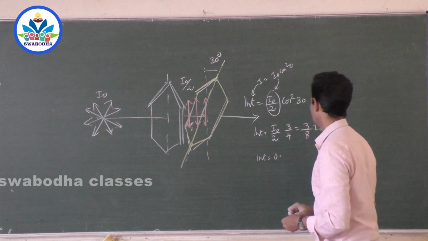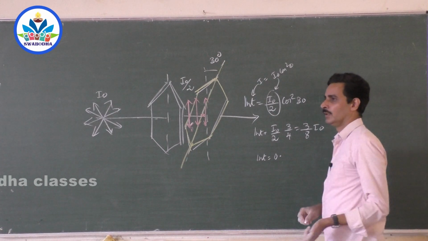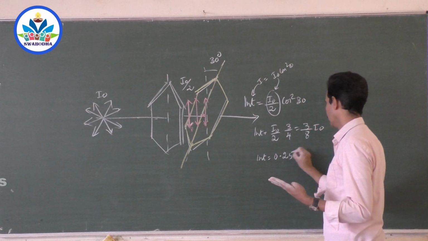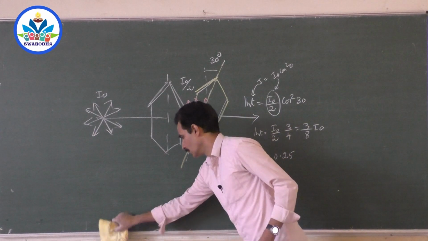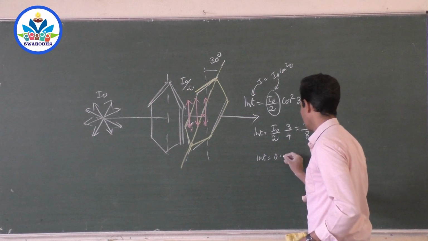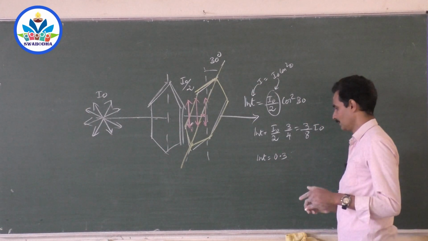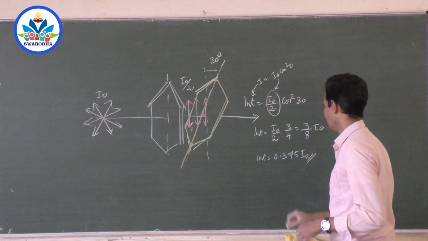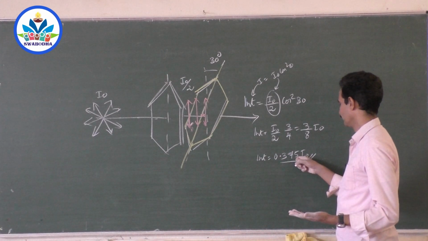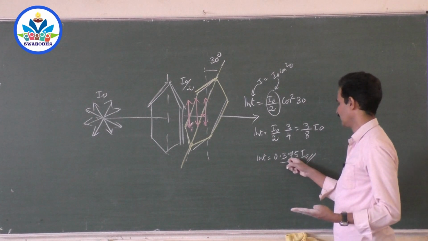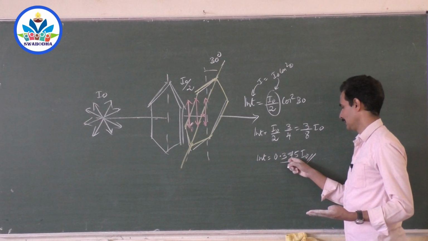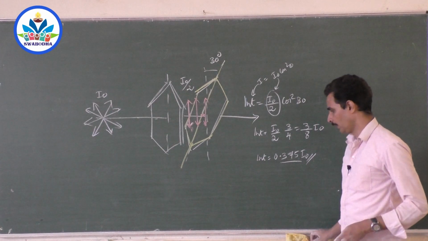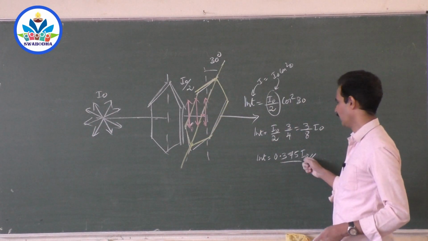Dividing 3 by 8, the intensity is 0.375 of I naught, that's all.